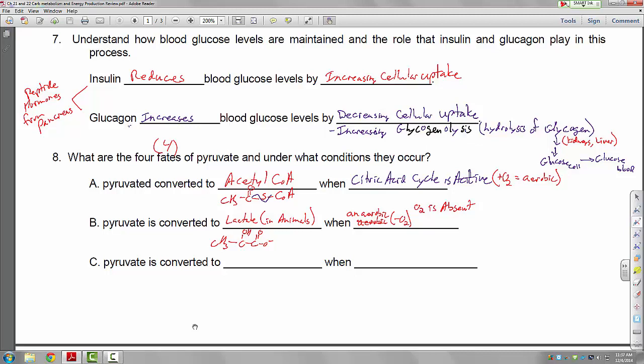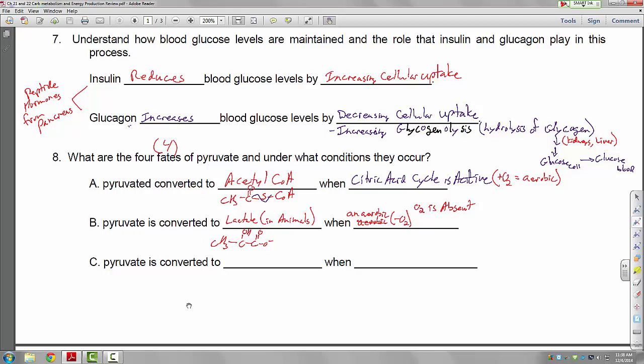There's strenuous exercise, certain drugs or disease states, or heart attack, things like that, that decrease the oxygen available for cells.